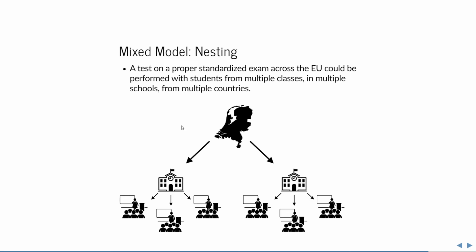But if there are enough of them and if they behave like a random draw, then you can consider the random effect. And it also allows you to account for this dependency, because even if there is a fixed number of schools, still the students are nested in the classes, which are nested in the schools, which are nested in the country. So even if the rule of thumb doesn't work, you can still think of a mixed model in terms of dependency or hierarchy in your data.